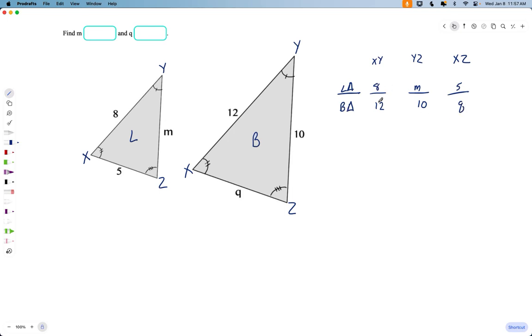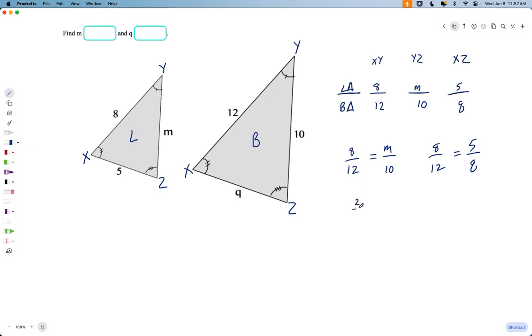So we take the one that has two numbers, 8 over 12, set that equal to M over 10, and the same fraction equal to 5 over Q. So again, remember I said you can reduce to make life easier on yourself. This is going to be 2/3.